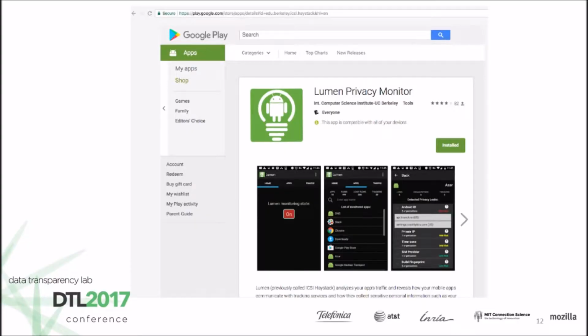The Lumen Privacy Monitor has been available for free on Google Play since October 2015, even before we got funding to analyze the whole ecosystem. The results I will present here are going to be presented at the NDSS symposium next February. You can already find the preprint of the paper on the project website, which is haystack.mobi.